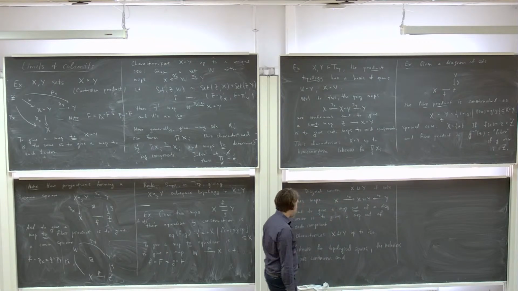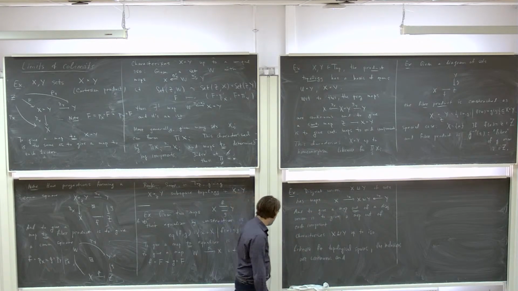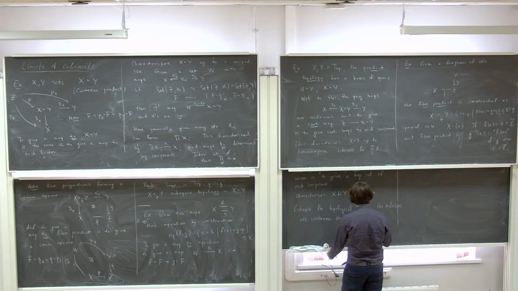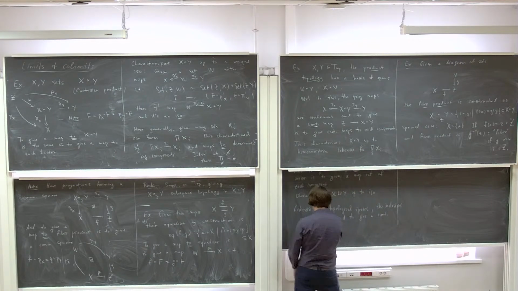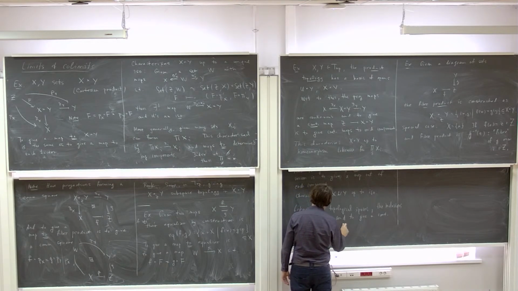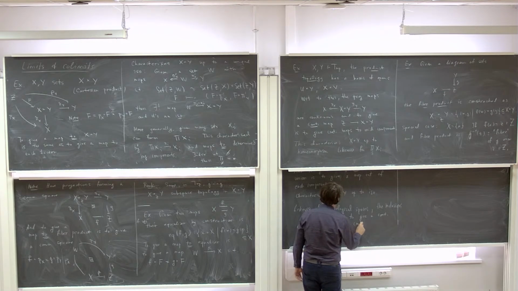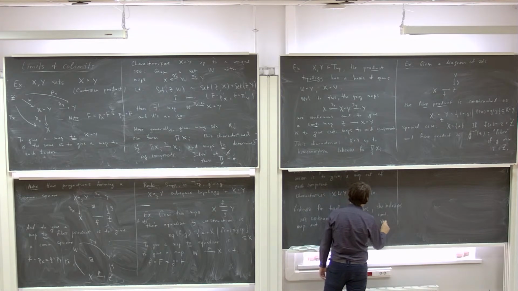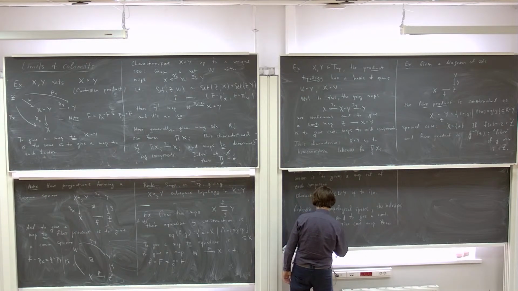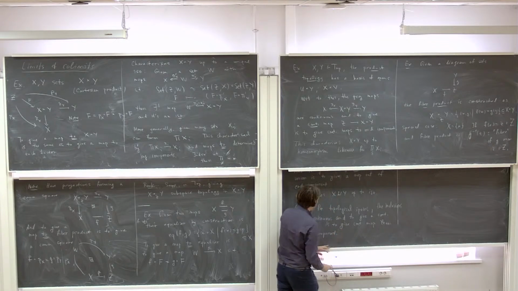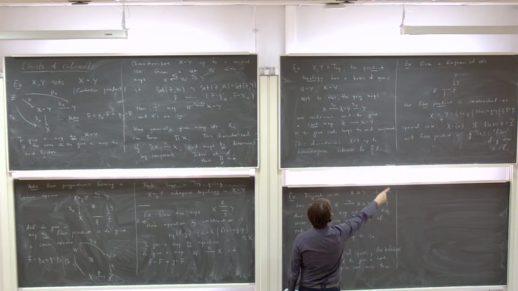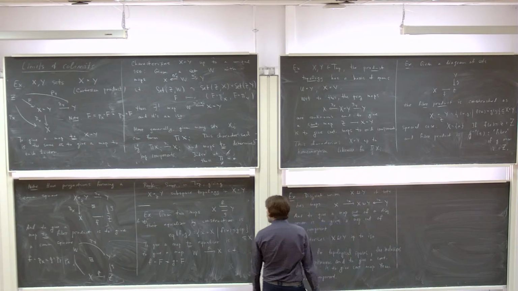And to give a continuous map out is to give a continuous map out of each component. And then we had pullback or fiber product.